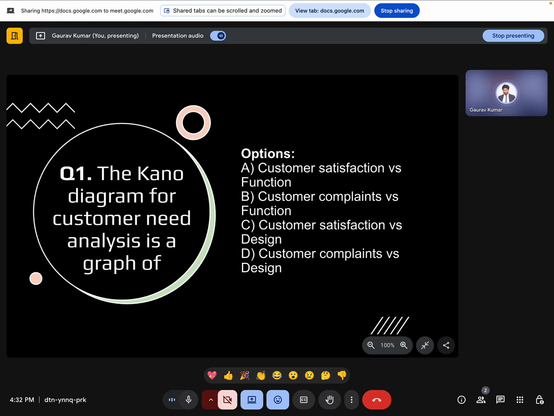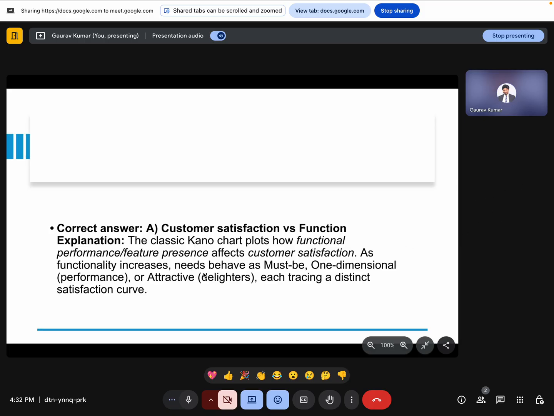So users are dissatisfied. Okay, so the right answer for this question is option A, customer satisfaction versus function, with the explanation.